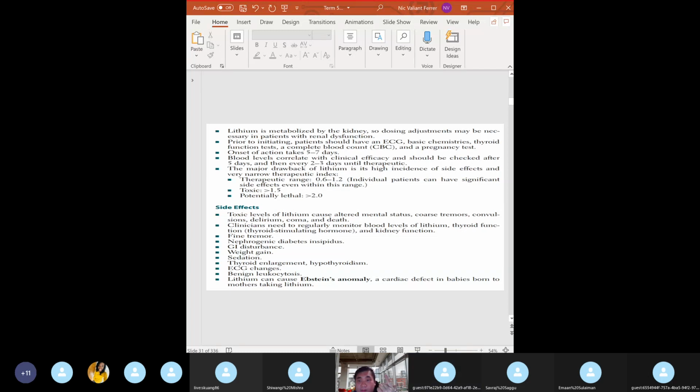Clozapine. Excellent. Another one? Someone said it before, valproate. Excellent. Valproic acid. There's another one, carbamazepine. Excellent. Good job, guys. So blood levels are useful for lithium, valproic acid, carbamazepine, and clozapine.